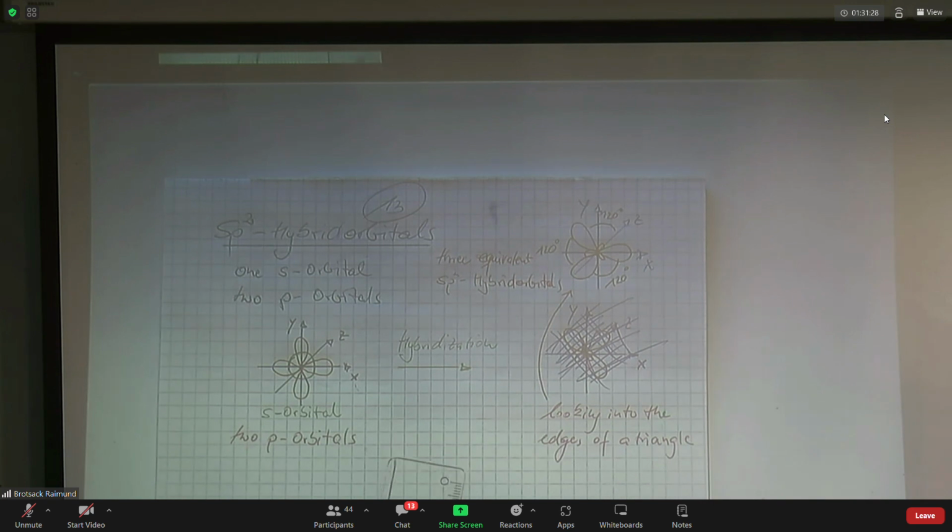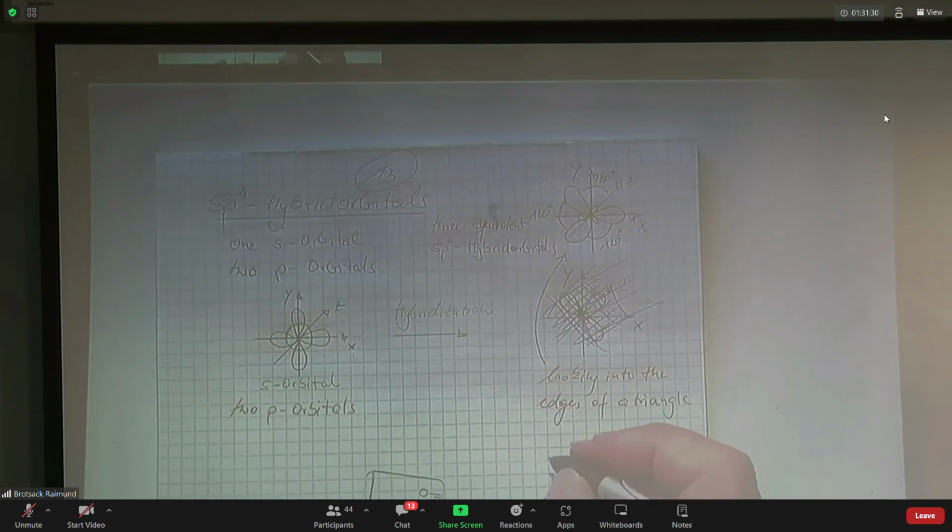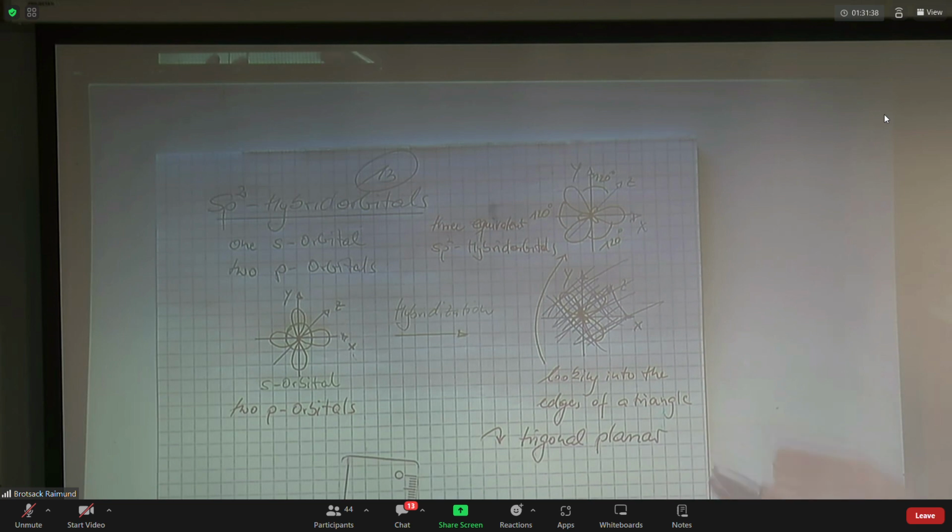So the structure is trigonal planar. Now we are in one plane and we have it in a triangle.